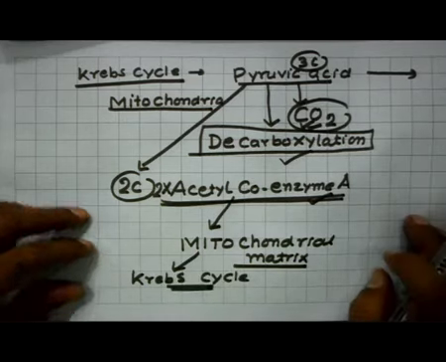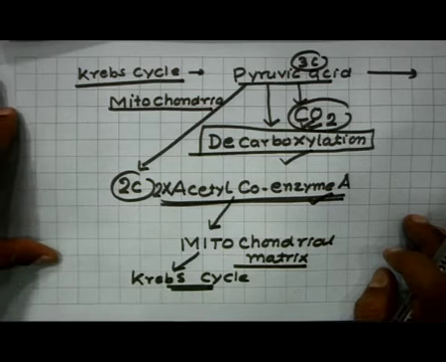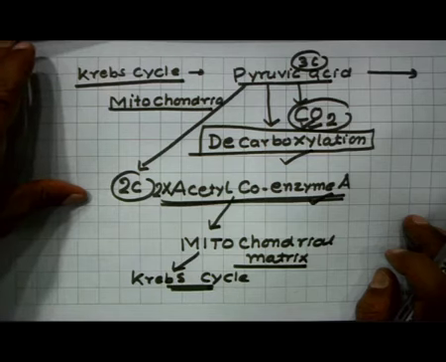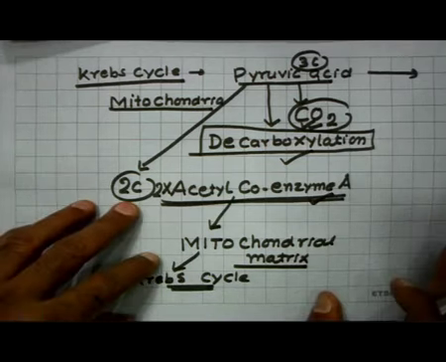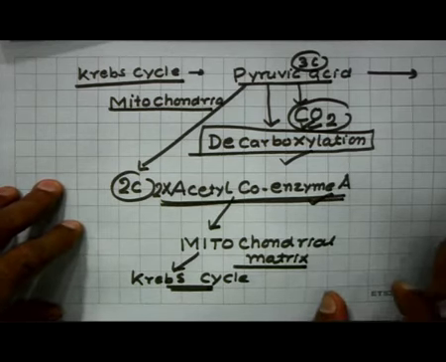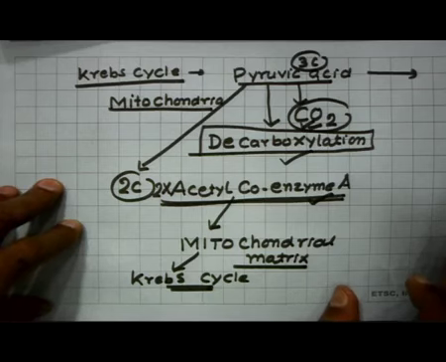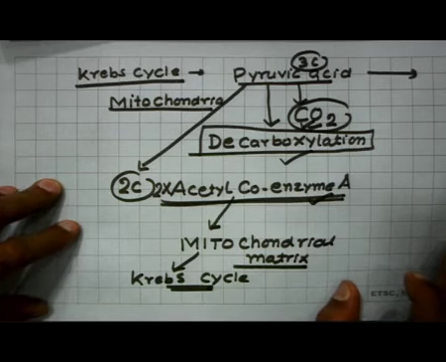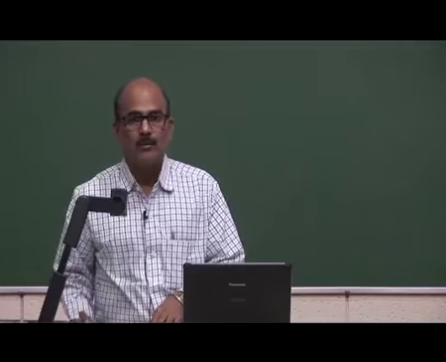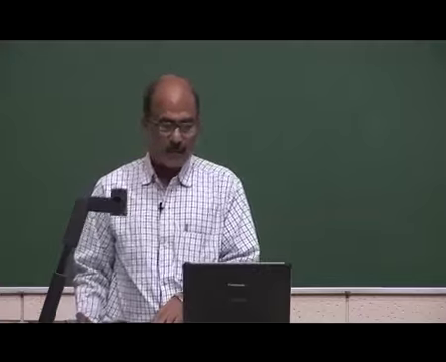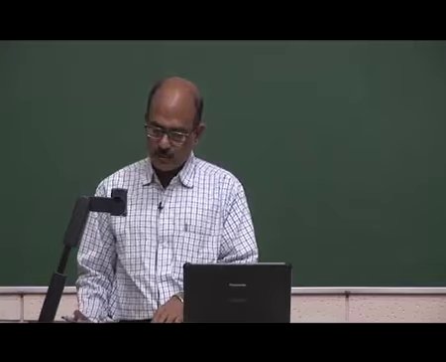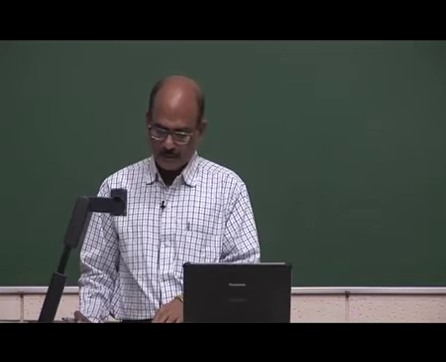So, you see, the pyruvic acid, the product of glycolysis, does not directly enter the mitochondria. Before participation in the Krebs cycle, pyruvic acid first undergoes decarboxylation, and conversion of pyruvic acid into acetyl coenzyme takes place.